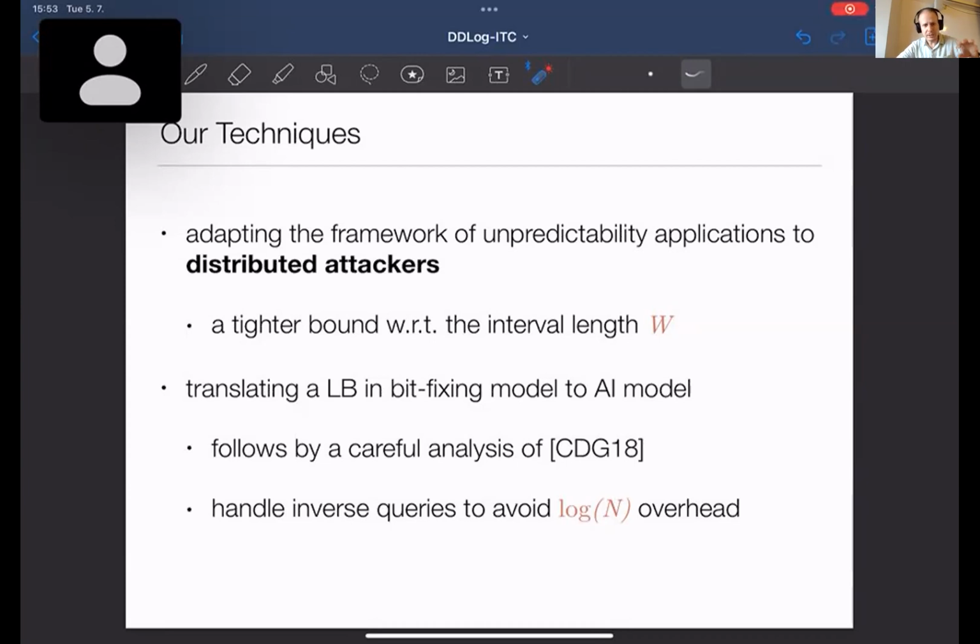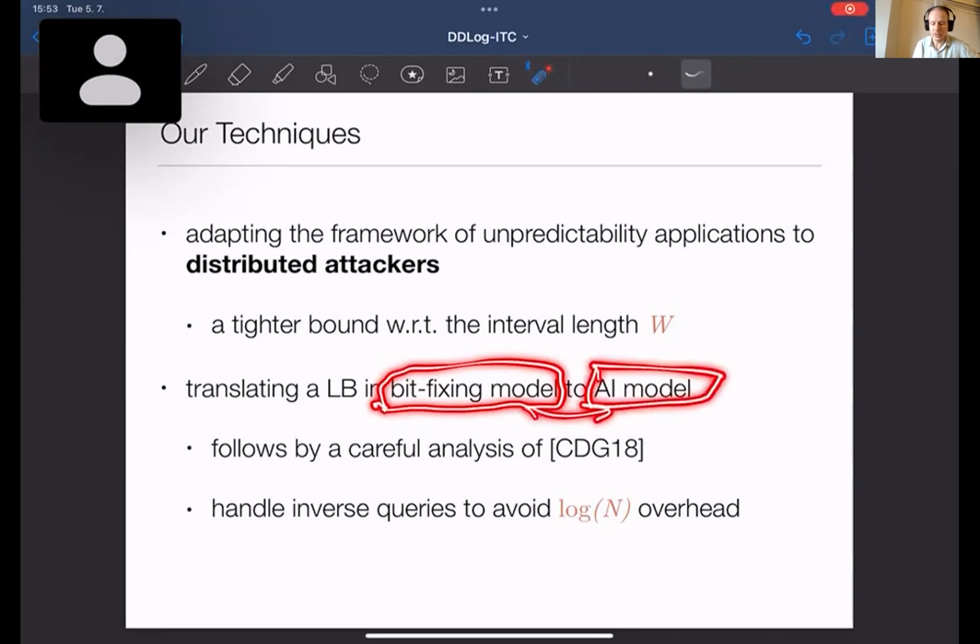Now, on a really technical level, the core of these lower bound proofs is the so-called bit fixing model, which is a very nice abstraction where it's easy to prove lower bounds, but it doesn't really correspond to the auxiliary input model. So you need to translate a lower bound in the bit fixing model to the auxiliary input model.